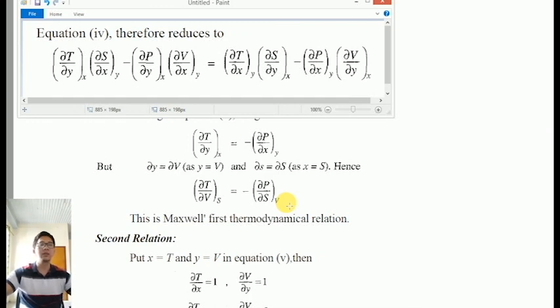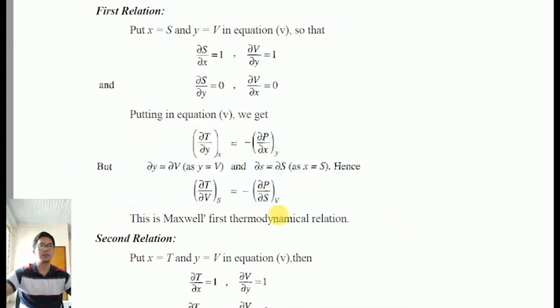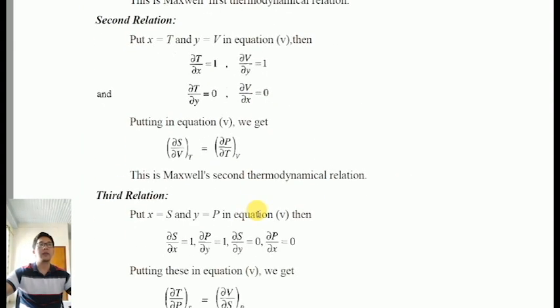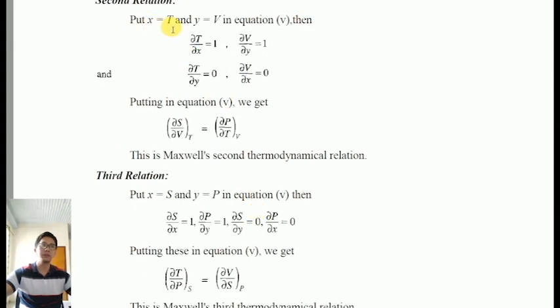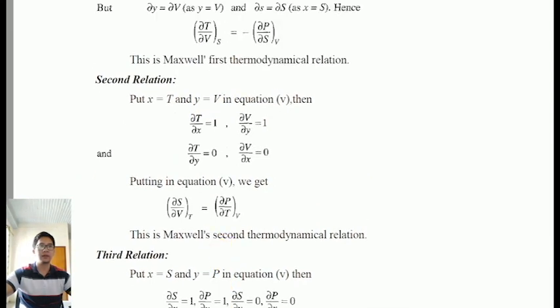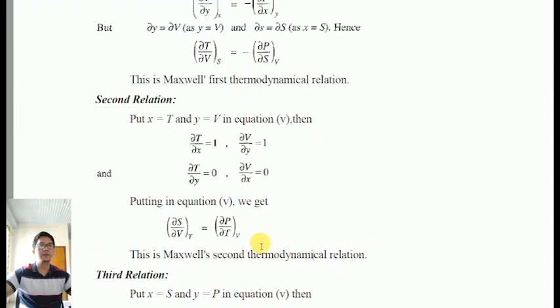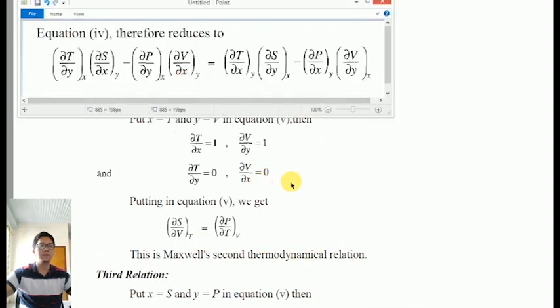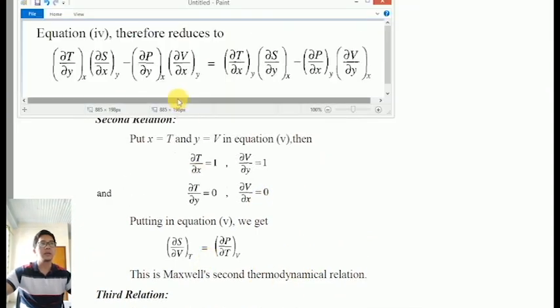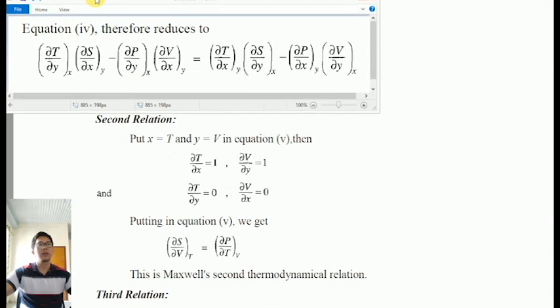Okay, now we will get the second relation. Here we have x equal to t. Let us put x equal to t and y equal to v in equation 5. Again, let me show you equation 5. I will explain these first two relations and then you will understand the third and fourth relations.